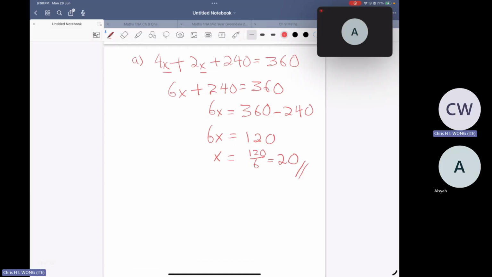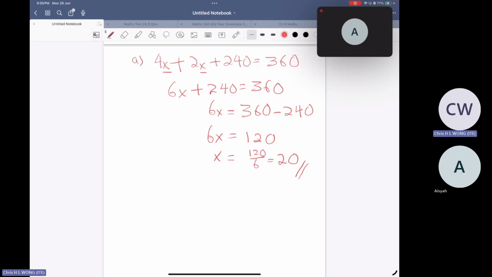Now the second one. You are supposed to express the amount of apple juice in the fruit punch as a percentage of all the components in the fruit punch. I mean, the total of everything.